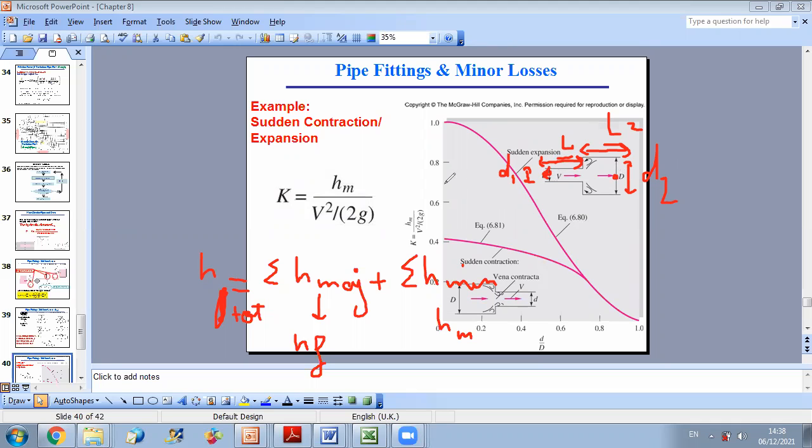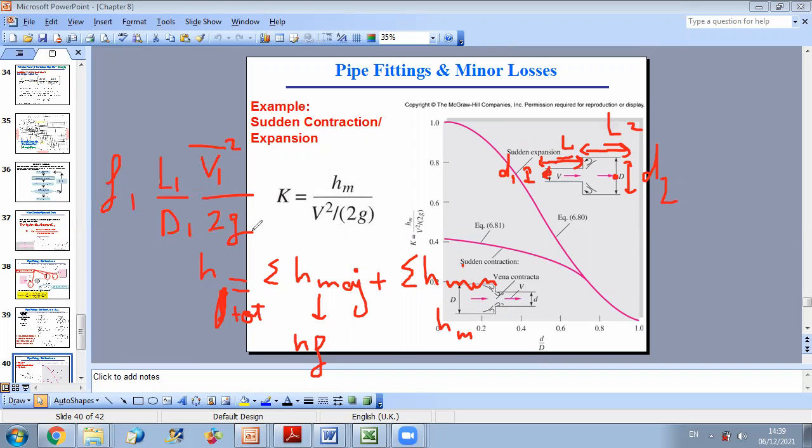So F can change. This is why I should find F1 and F2. So major losses will be written as F1 times L1 over D1 times V1 average square over 2G.